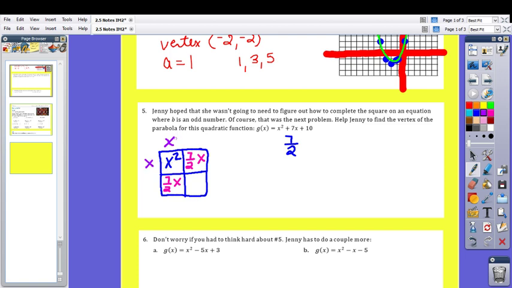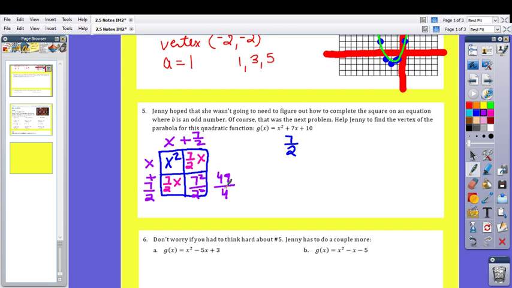Together they make x squared, then this is x, and this is positive 7 over 2, and this will be positive 7 over 2. Now 7 over 2 times 7 over 2 will be 7 squared and 2 squared, which is 49 over 4.